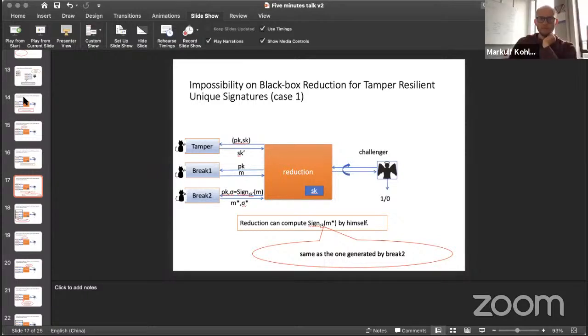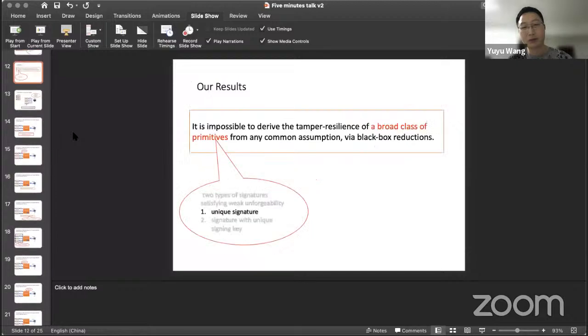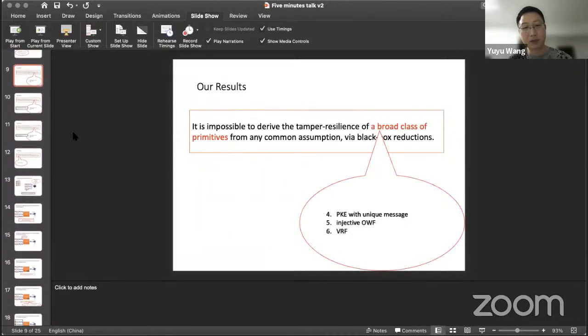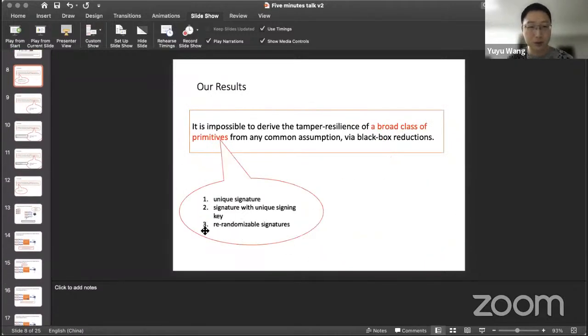Okay, thank you. It would be interesting whether it could be replaced by some other properties, maybe weaker. Maybe, as explained before, we can use randomizability.